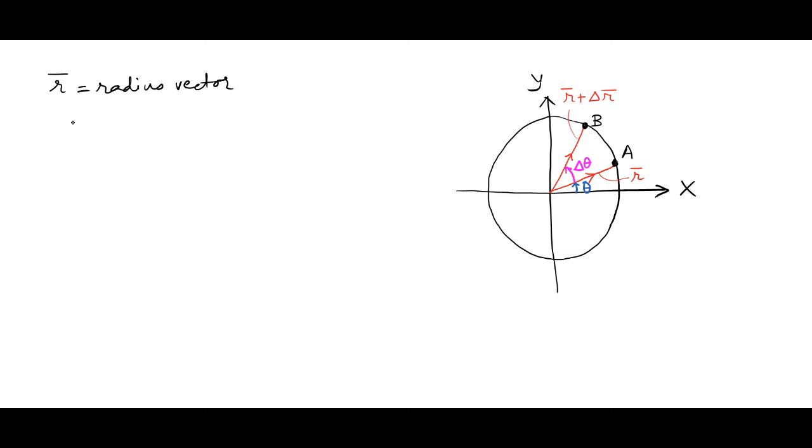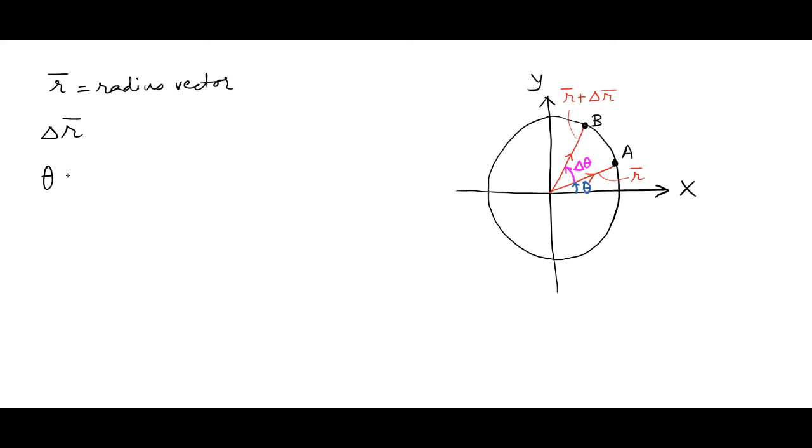Now the other position vector, the new one over here, is of course r bar plus delta r bar, where delta r bar is the change in the position vector. So obviously delta r bar is the displacement of the particle, the linear displacement. It's nothing but this vector AB bar, that's delta r bar.